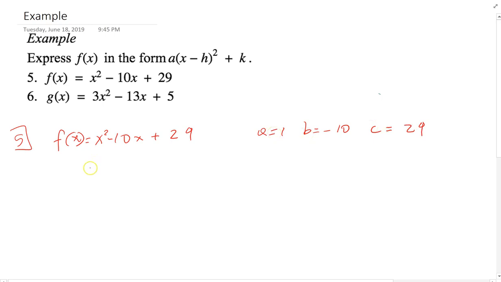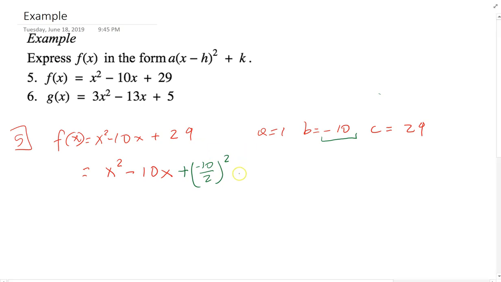What we want to do is write the a and the b together. So that's x squared minus 10x, and then to that we want to add b over 2 squared, but b is negative 10, so that would be negative 10 over 2 squared.